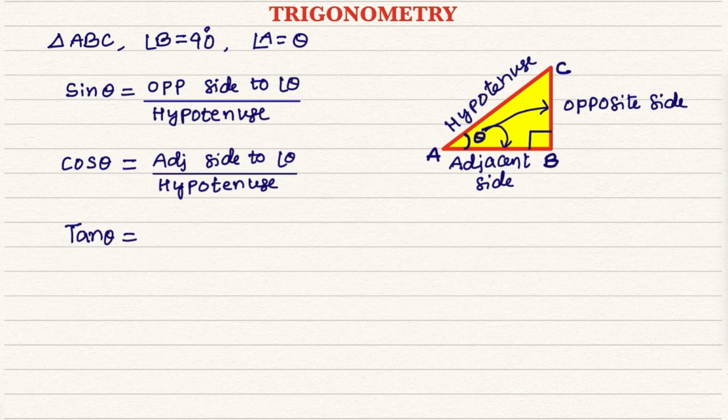Tan theta is the ratio of the opposite side to angle theta and the adjacent side to angle theta.